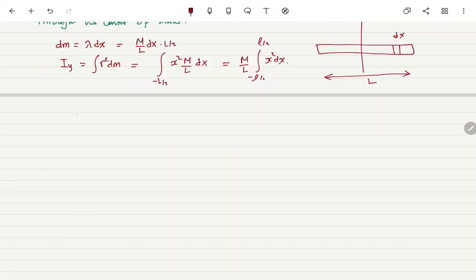In other words, it's equal to m over L times x cubed over 3, from minus L over 2 to L over 2, which equals 1 over 12 mL squared.